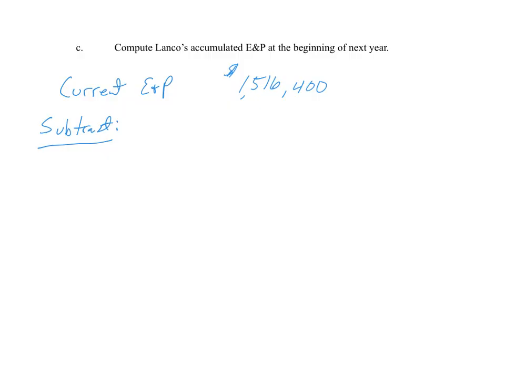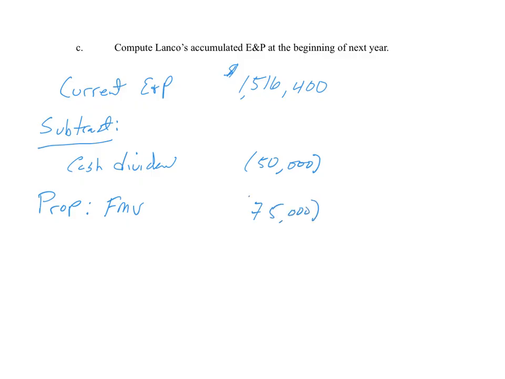So now we have to adjust for our cash dividend, and we have to adjust for our property. What does the property come out at? Remember, property comes out at fair market value.